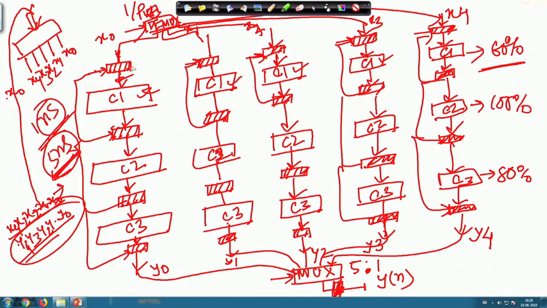If I want to reduce that, what will happen? I need this particular register to run at 3 nanosecond, this register to run at 5 nanosecond, and this particular register to run at 4 nanosecond.